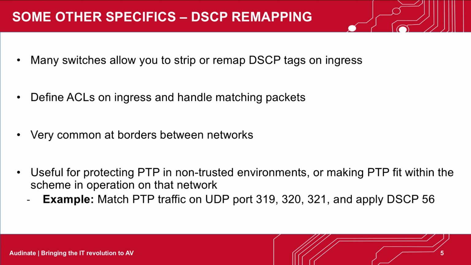You can say to the IT department, that's fine, map it to however you want. You can request them to map your number, that's 56. You can also let them know that your traffic is on ports 319, 320, and 321. DSCP remapping actually makes it flexible and allows you to work within the parameters of a given network.